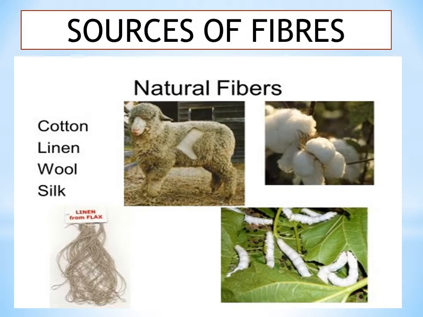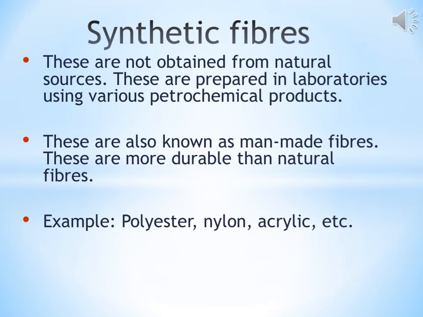Cotton, linen, wool and silk are natural fibers. Synthetic fibers are not obtained from the natural sources. They are prepared in the laboratories using various petrochemical products, and hence they are commonly called man-made fibers, and most of the time they are more durable than the natural fibers.